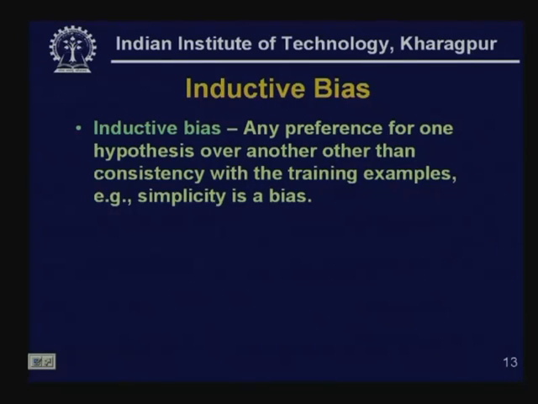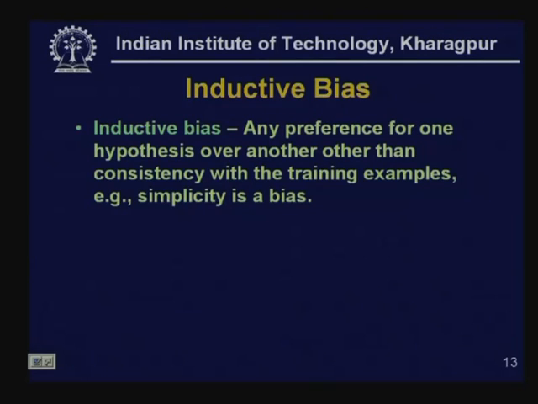And also, as we discussed a little bit in the last class, you are given a set of training examples, and on the basis of them you want to learn a hypothesis. Now, there could be several competing hypotheses. What is the basis on which you decide which of these hypotheses to choose?